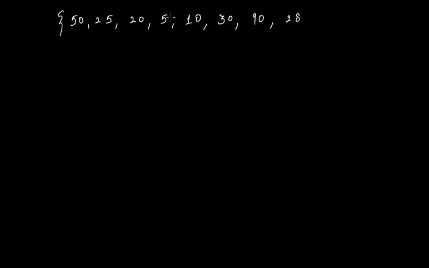So 1, 2, 3, 4, 5, 6, 7, 8, right? And we have 100, you have 95, 2 to 4 to 6 to 8 to 10. Let's take two more values. Let's take 40 and let's take 45. So we have a data set containing 12 values.